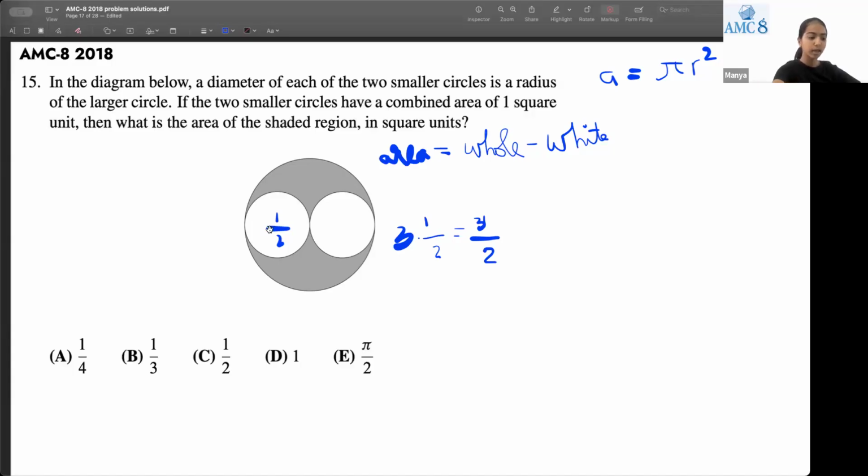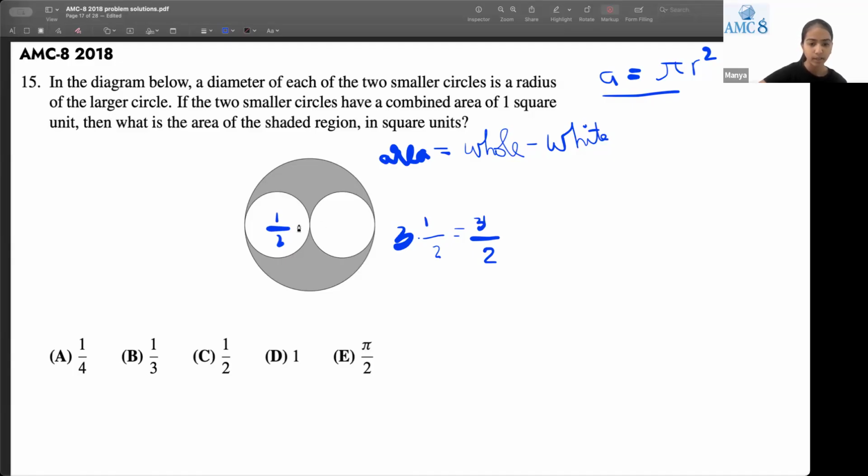And so remember that the formula of the circle would be equal to pi r squared. We have that right there. And so the radius would be, well, we will have to divide by 2.